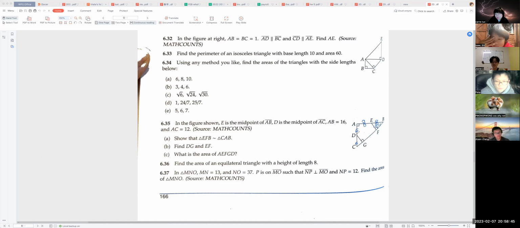Find DG and EF. Okay, so how do we find DG and EF? Everybody, please find out. And please find out the area of AEFG. So it's just this one.